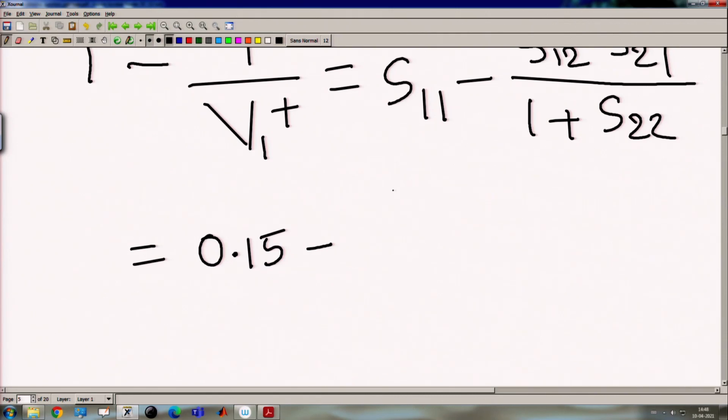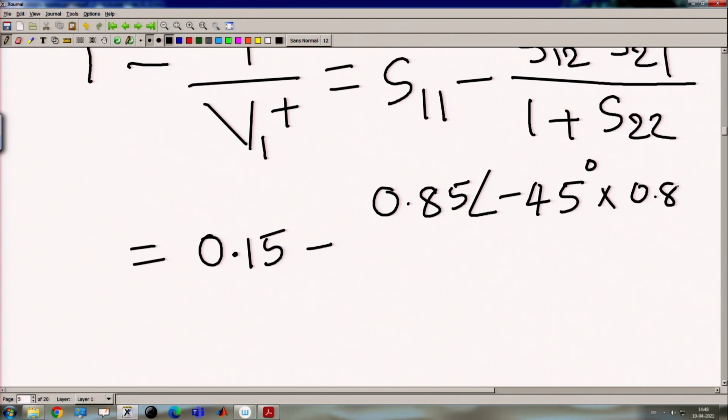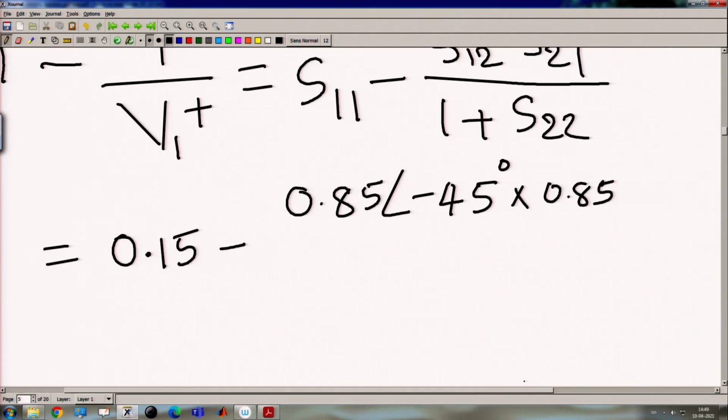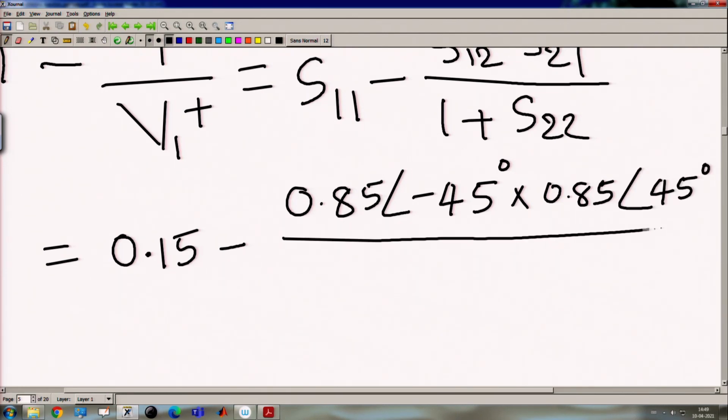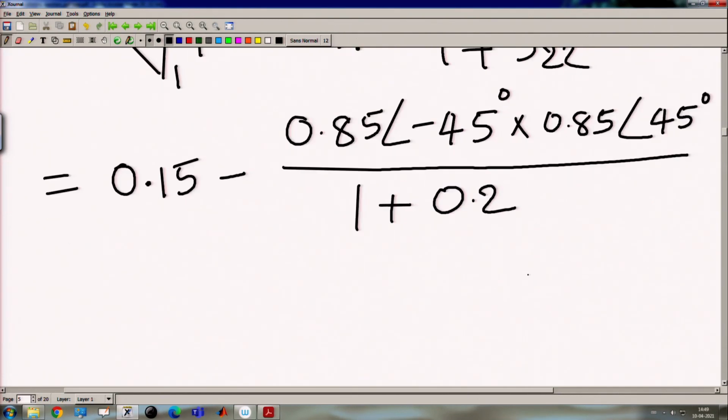So, this will be equal to 0.15 minus 0.85 angle minus 45 degrees multiplied with 0.85 angle plus 45 degrees, divided by 1 plus S22, that is 1 plus 0.2. Phase is 0 degrees, that means we can write 0.2.